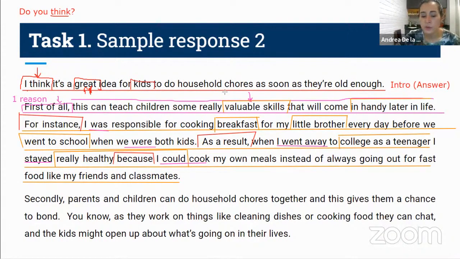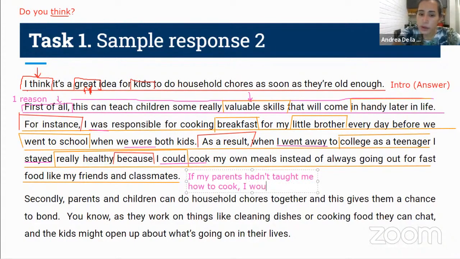And that is a good thing when it comes to showing grammar, we said, because you need to show that you know how to use different aspects of grammar. He could have even made it better, right? Maybe if he had a conditional and he said, if my parents hadn't taught me how to cook, I wouldn't be so healthy right now.